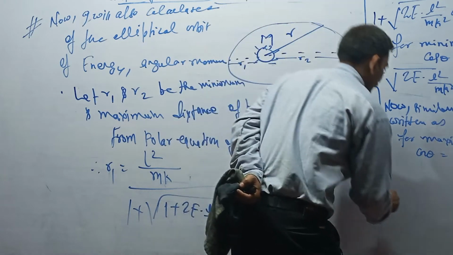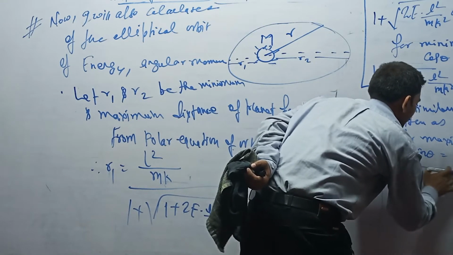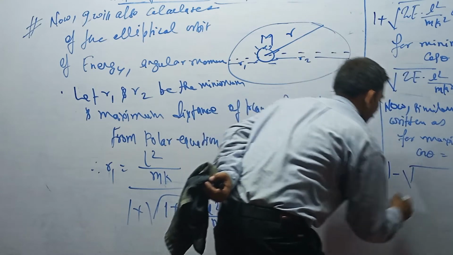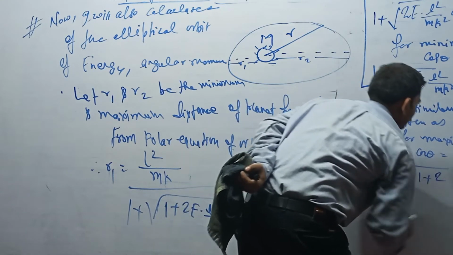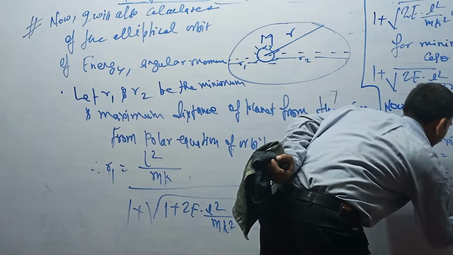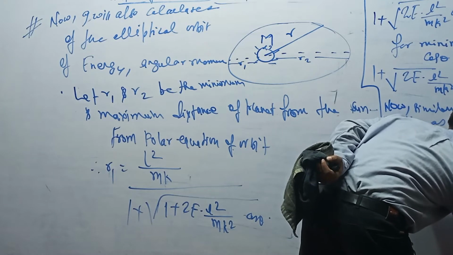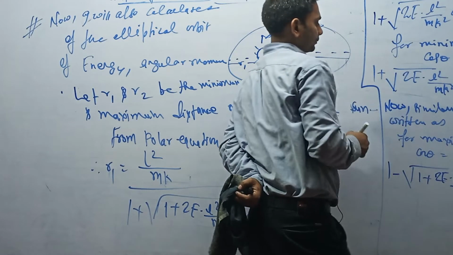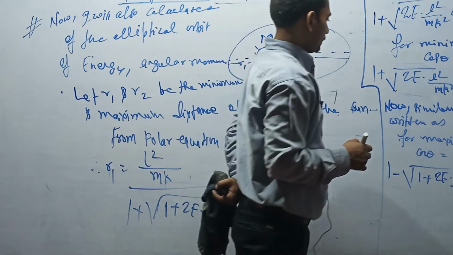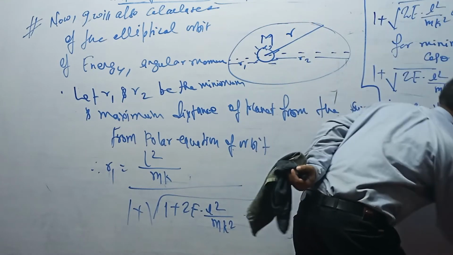So 1 minus under root 1 plus 2E L square upon m k square equals L square upon mk r2. Equation B.